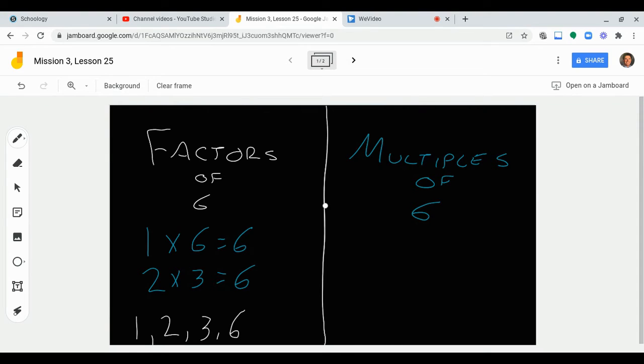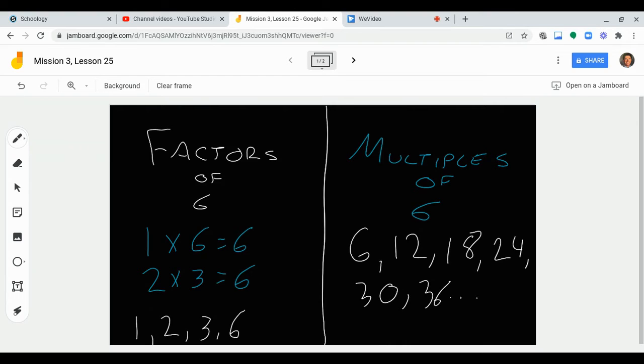Okay, so that's factors of 6. Let's take a look at multiples of 6. So remember, when we talk about multiples of 6, we're talking about essentially skip counting by 6. We could go on and on forever, but just to get us started, it would be like 6, 12, 18, 24, 30, 36, and so on and so forth, just forever, right?